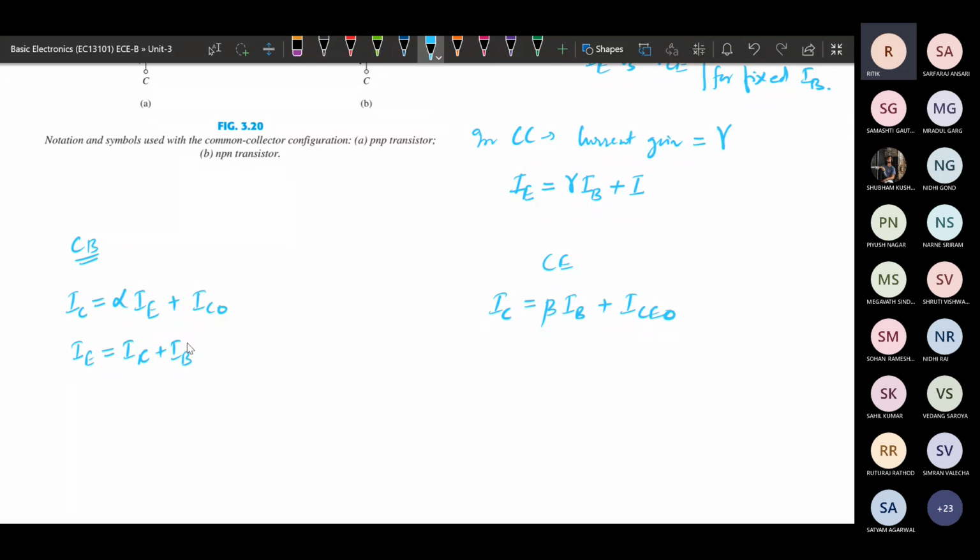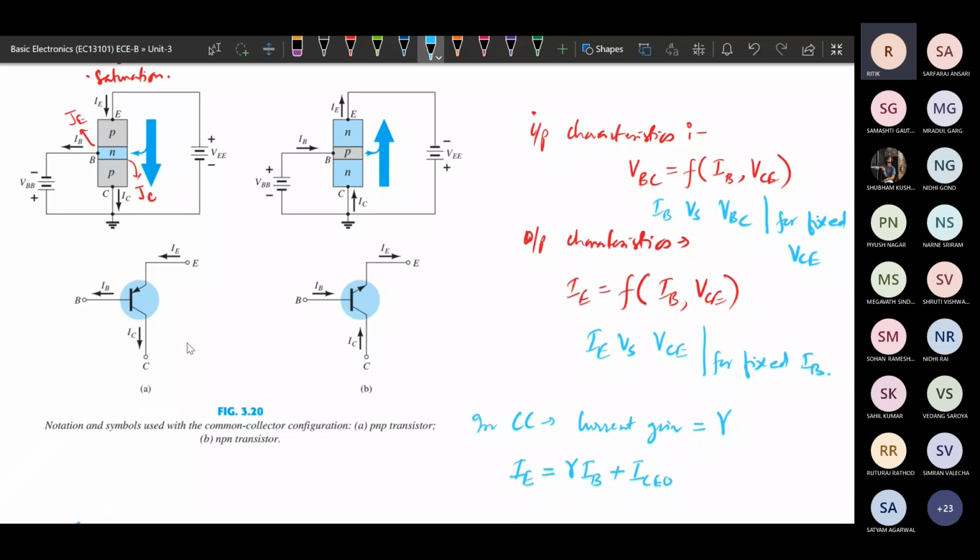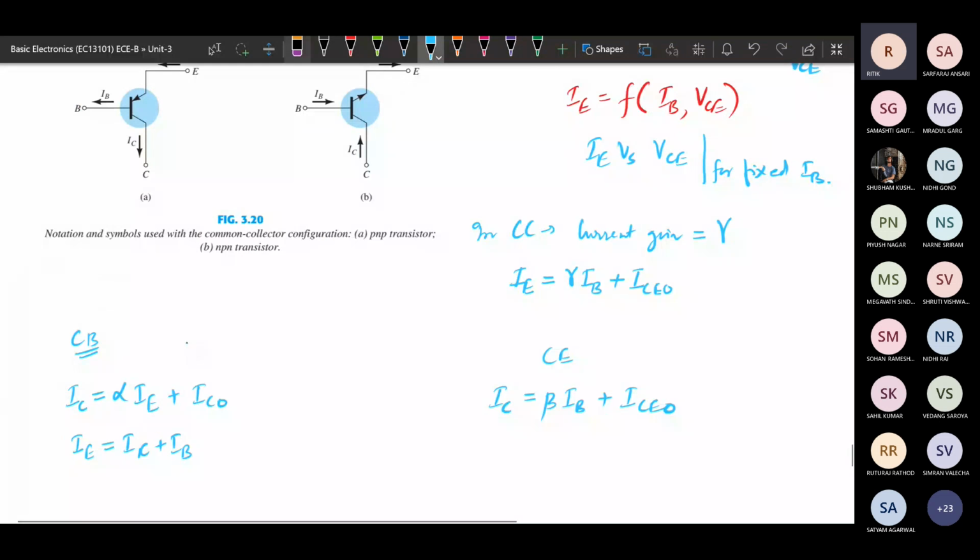This leakage current will be collector to emitter, ICEO. From here we can see this is the case when the base is open, so it will be IEC, IECO, when the base is open.